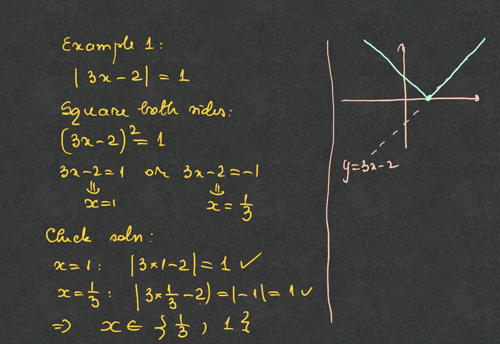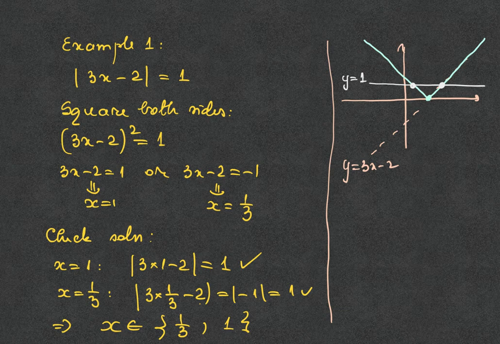And then I will look where absolute value of 3x minus 2 is 1. And I see two solutions. One is somewhere here, probably it's not to scale, because I must get them both positive. So now I know the answer, right? So 1 should be somewhere here. Y equals 1.